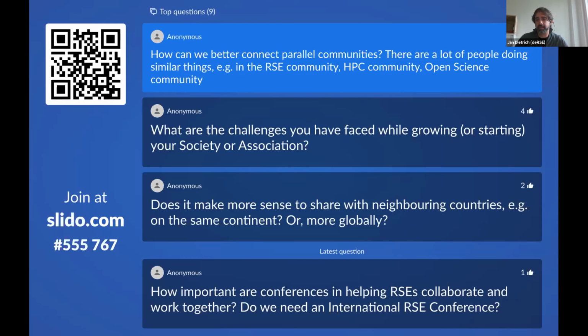And now, with Heidi giving a talk at the last International R Users Conference, and then Heather giving a talk about the R community here at the September RSE conference, I think this gap is closing. But I could imagine that there might be some other communities out there which are doing quite similar things to what we are doing, but which have never heard about RSE.